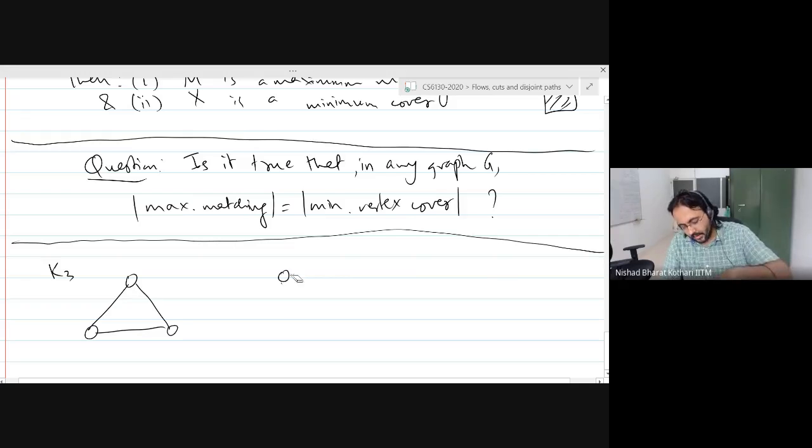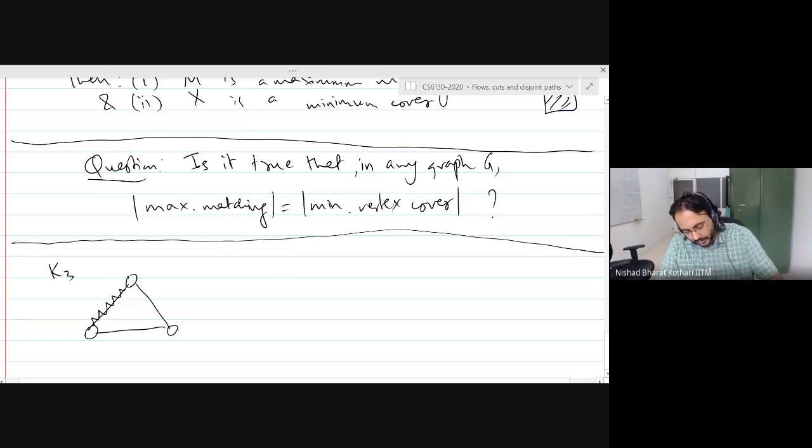Okay, good. So what is the size of a maximum matching in K3? And I'm going to call out someone, okay? So let's see. Pappu, are you there? Size of a maximum matching is 1.